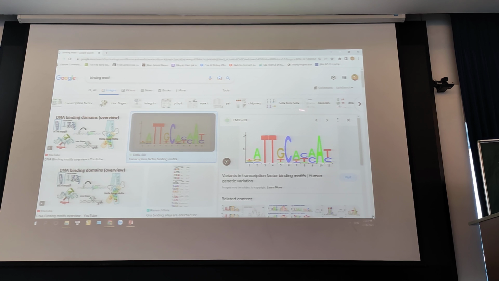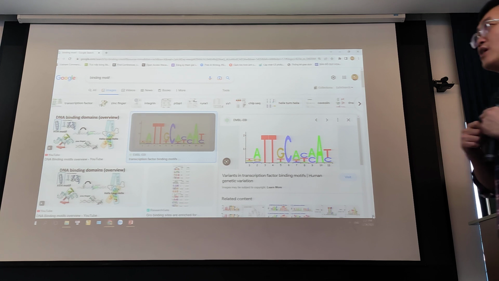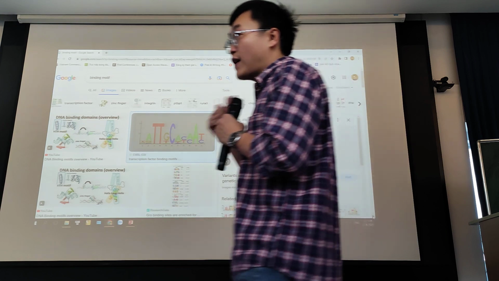So for example, in this motif binding, we have this one is T, and C. That means that in 100% of the cases of transcription factor binding, the two nucleotides here are T and T. Okay? And the same situation with the C here and A here. So that means these four nucleotides play a key role in binding the transcription factor.